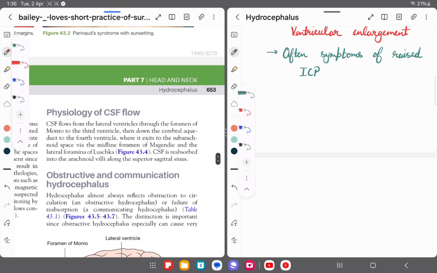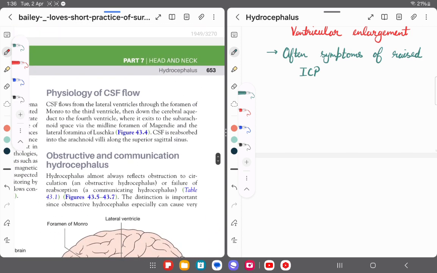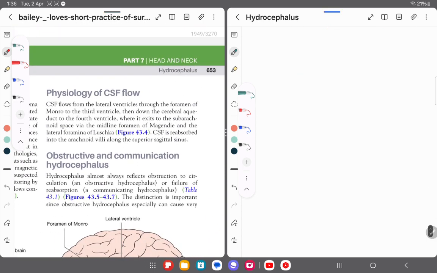Next is physiology of CSF flow. To know about the physiology of CSF flow, we must know about the ventricles of the brain. So let us draw a diagram.